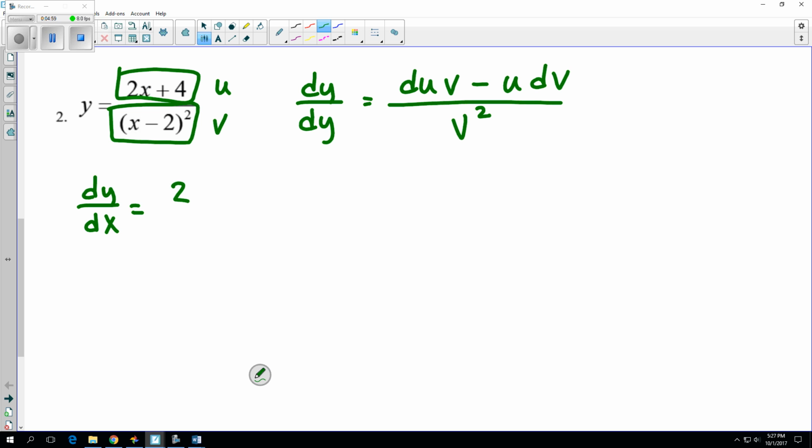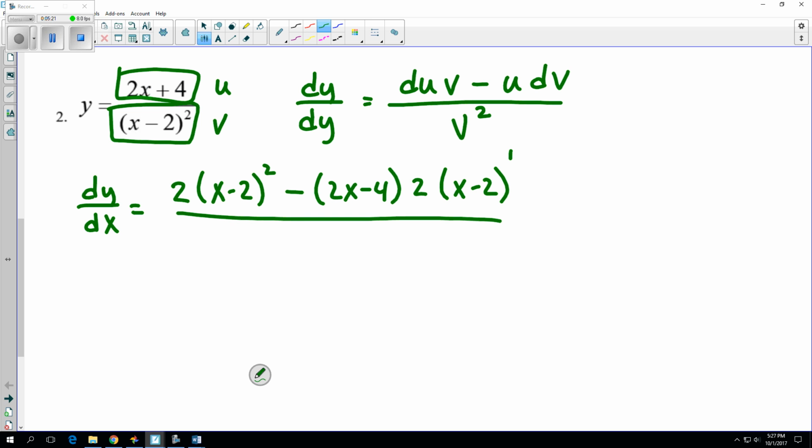I say it and I write it down. Derivative of the top times the bottom, minus the top times the derivative of the bottom. So the derivative of the bottom, if you recall, we power down. That's when the exponent comes down, and then I decrease that power by 1, all over x minus 2 squared.